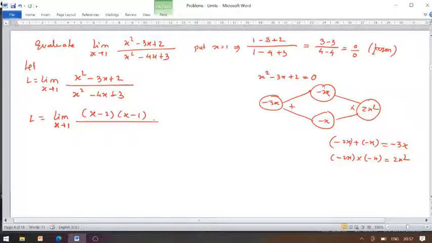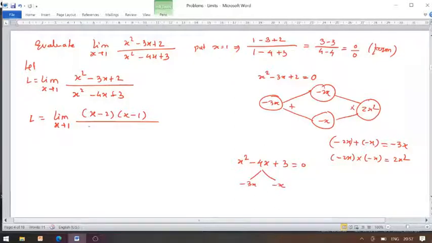On the same basis, you may find the factors for x square minus 4x plus 3. That means we have to split minus 4x into terms, converting it in terms of the equation. So we have minus 3x and minus 1x.